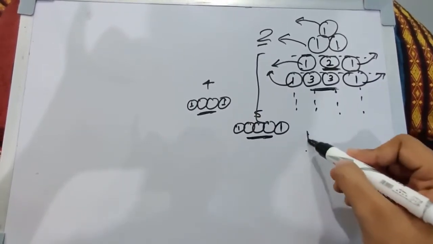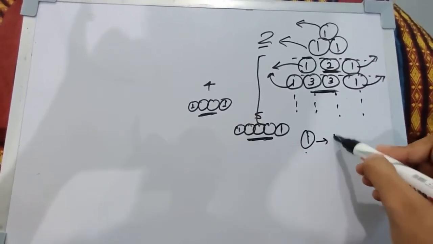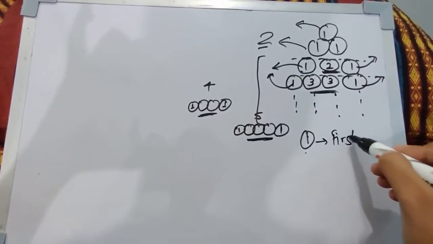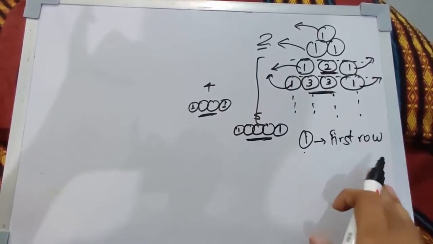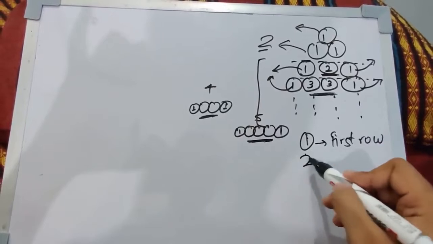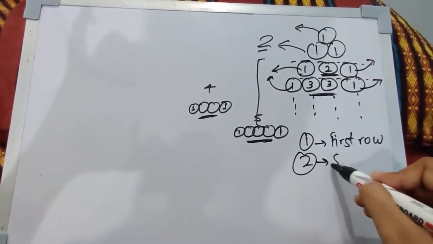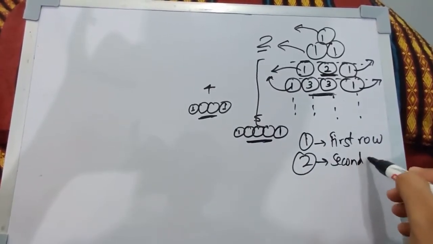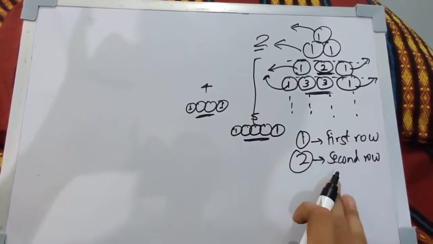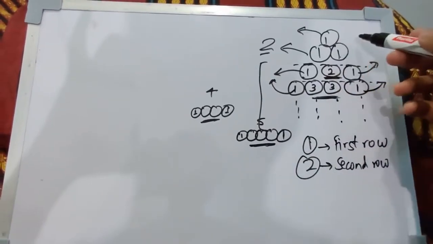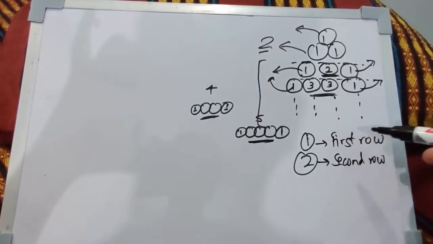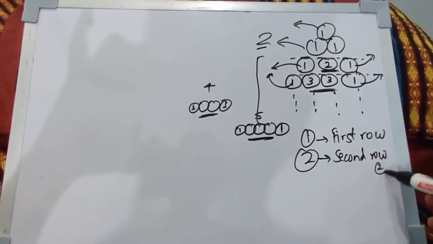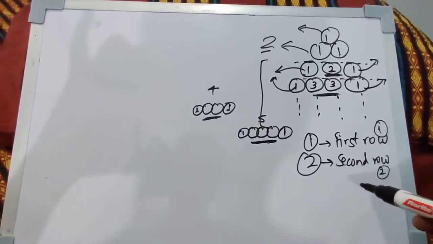So first is that the first row will always have the value 1. Second, the second row again has the value 1, but as we are increasing when we go down, it will have 2 elements, and the first is going to have just 1 element.